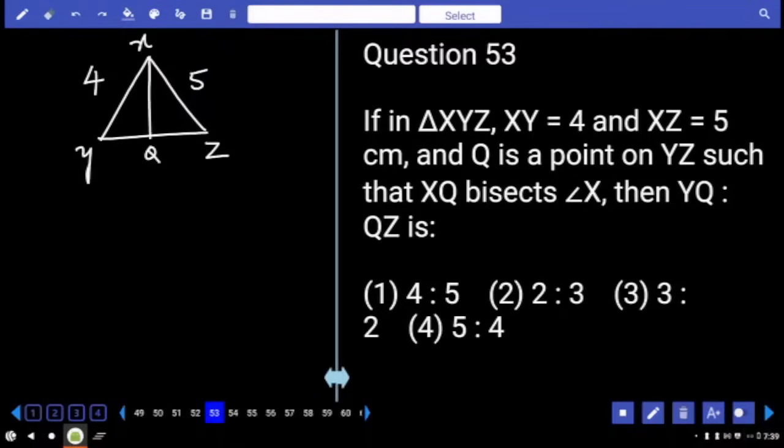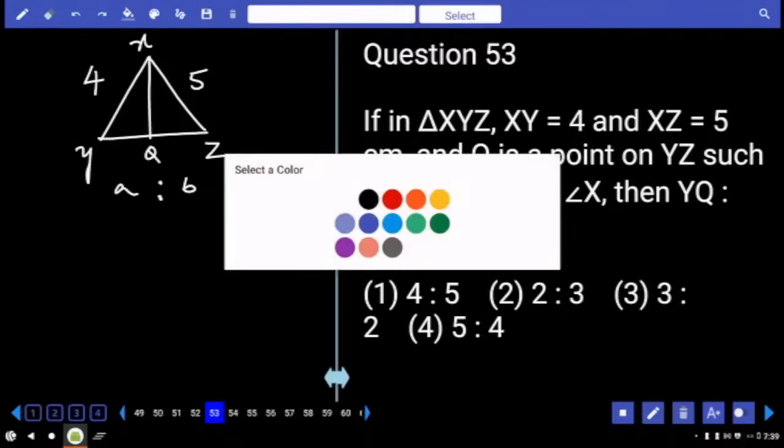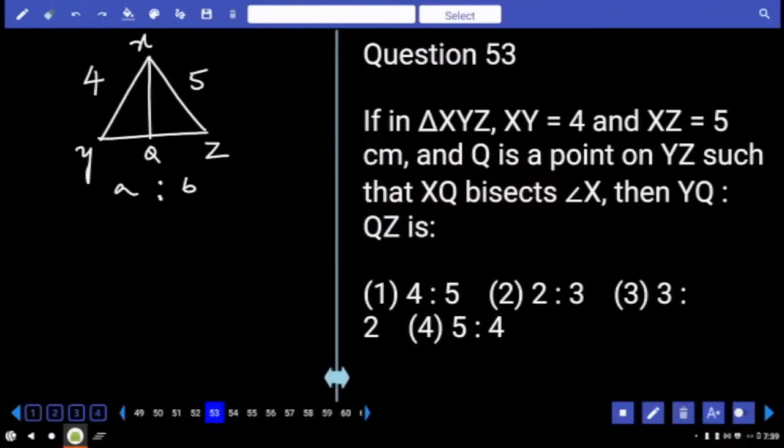And we were asked to calculate ratio between YQ and QZ. This ratio we were asked to calculate, correct? Angular bisector theorem, XY by XZ ratio must be equal to YQ and then QZ.